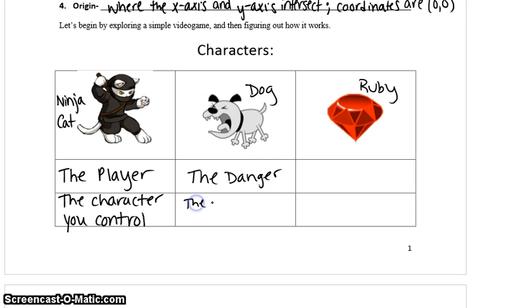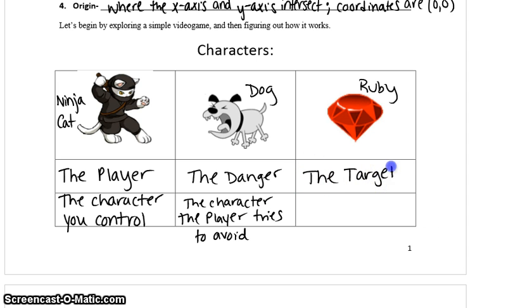He represents the character the player tries to avoid. And the ruby represents the target. Think of a target as the goal. It's the thing that you're trying to collect.